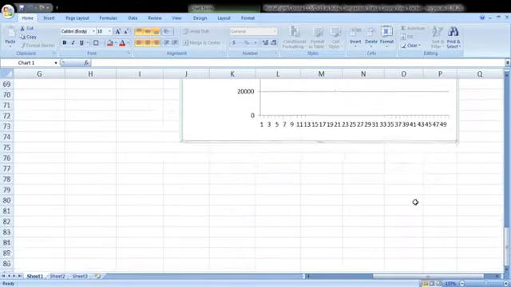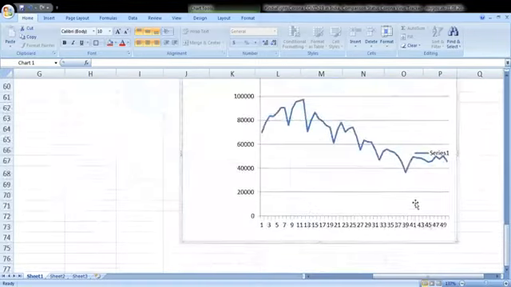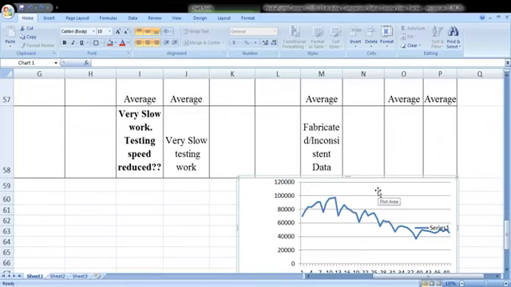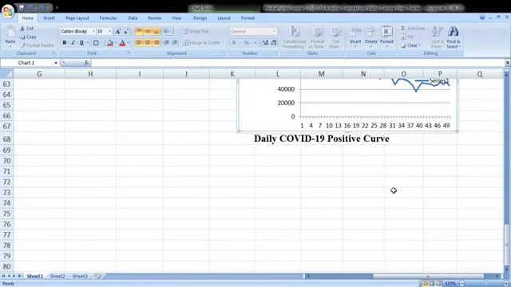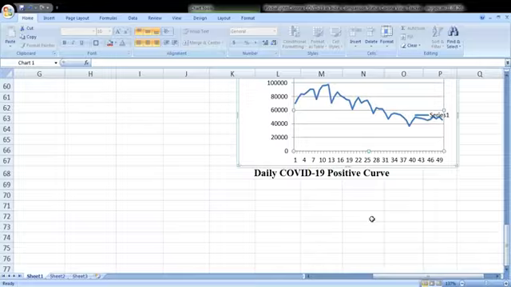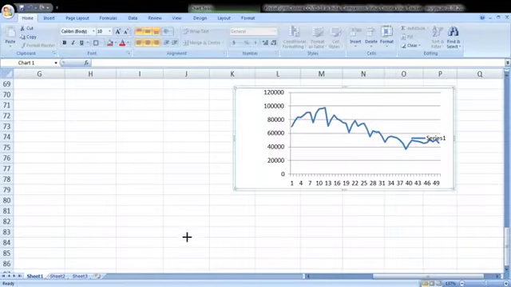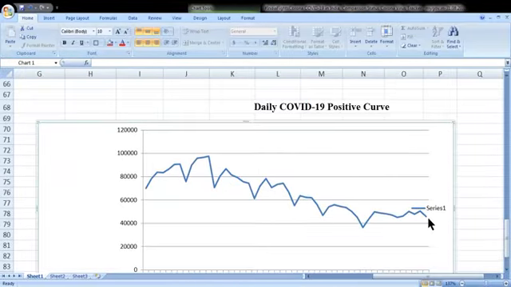I will add a title also. I don't know, the title is gone. I think I wrote the title there. So daily COVID-19 positive. If I take it down here and blow this up, you can see what is coming in.